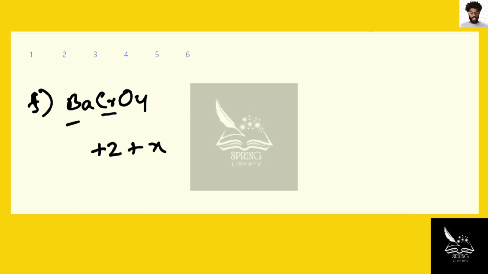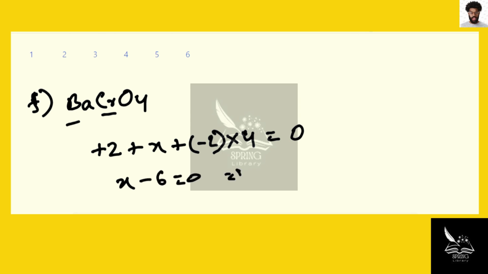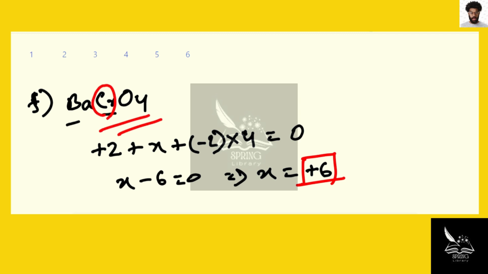For chromium we'll take X. For oxygen it is -2 times 4, and equal to the net charge 0. Then we have X plus 2 minus 8, that means -6, is equal to 0. It will give us X equal to +6. So this is the oxidation number of chromium in this compound here.